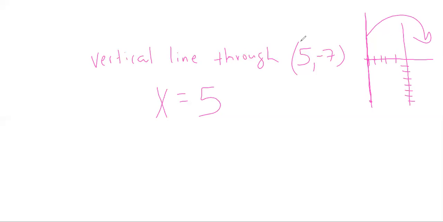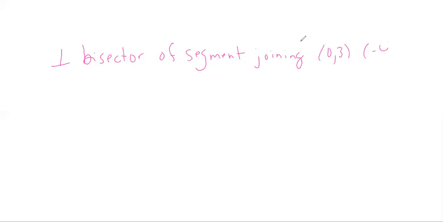Okay, last one for this section. This is the fun one. The perpendicular bisector of the segment joining 0, 3 and -4, 5.